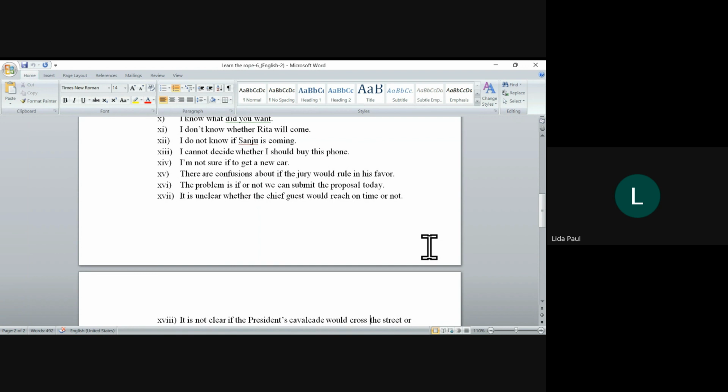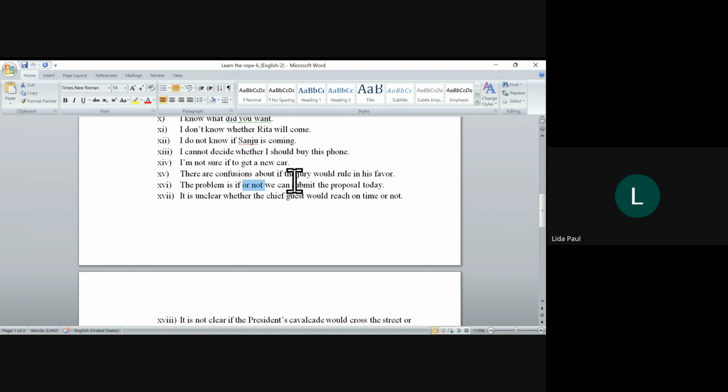So if the sentence was, the problem is we can submit the proposal today or not, with or not shifted towards the end of the sentence, I could either say the problem is if we can submit the proposal today or not, or the problem is whether we can submit the proposal today or not.